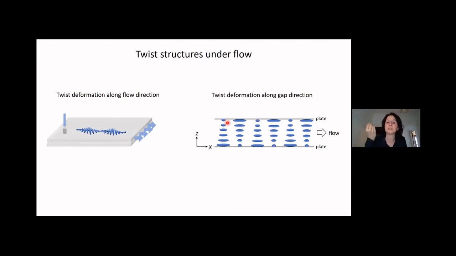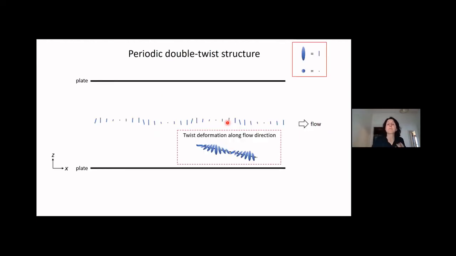So let's put everything together. We have a twist deformation along the flow direction, where I here denote the liquid crystal aggregates simply as a line or as a dot, depending on their orientations.